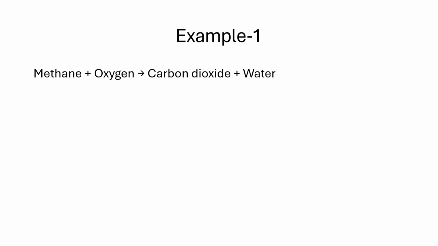So let's have some other examples to put our knowledge into practice. We have methane. We already know that methane is CH4 and it's combining with oxygen, so oxygen needs to be depicted as O2. Now, from your previous online module, you should be able to write the formula of carbon dioxide, which is CO2, and it creates water, which is H2O.